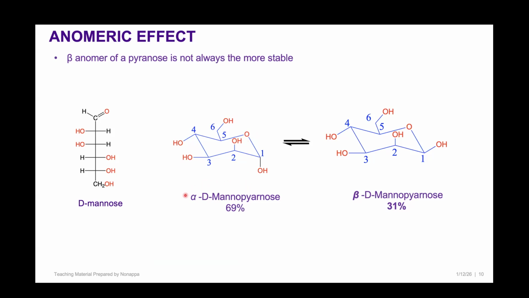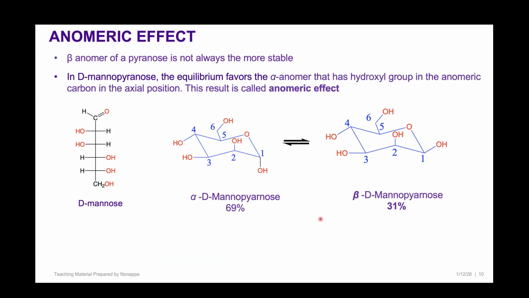Mannose is very closely related to glucose, except the stereochemistry at carbon number 2 is slightly different, which puts the hydroxyl group here in the axial position. As you can see, in contrast to glucose, alpha D mannopyranose is much more favorable, whereas beta D mannopyranose is less stable. But in the glucose case, it's completely opposite. Why is it so?